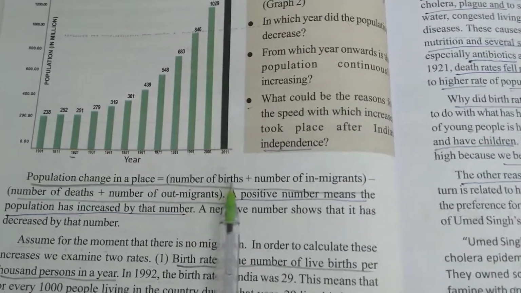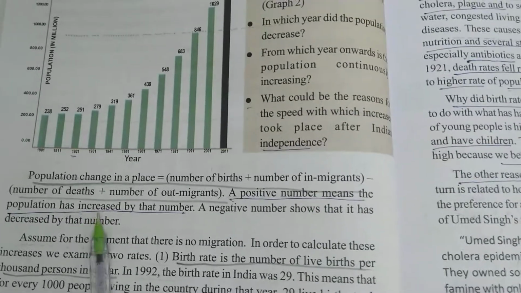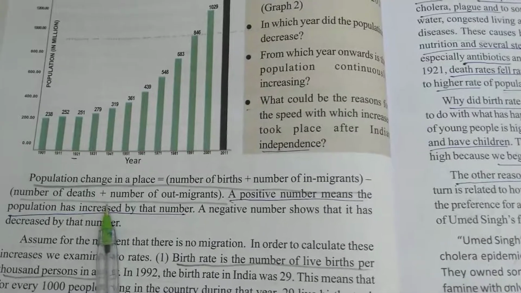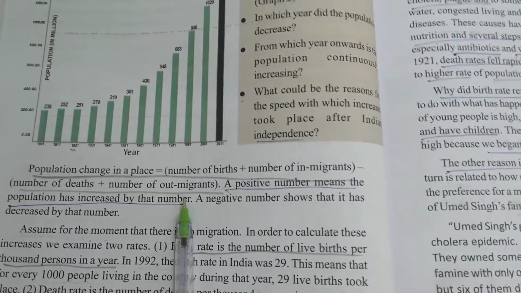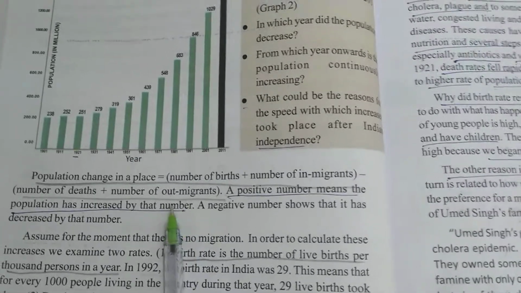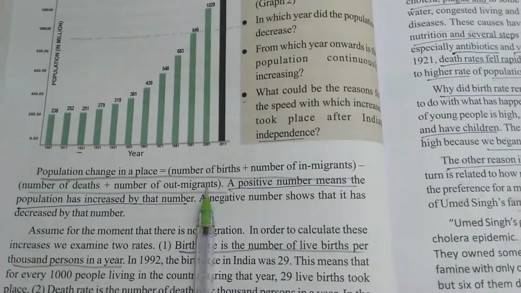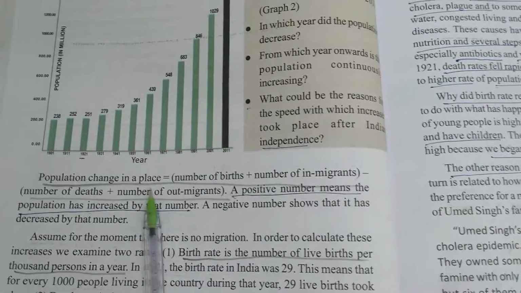So it is number of births plus number of immigrants, minus number of deaths, minus number of out-migrants. If any person migrated from one place to another, the number should be deducted from the total population. Then we can find the population change in a place.